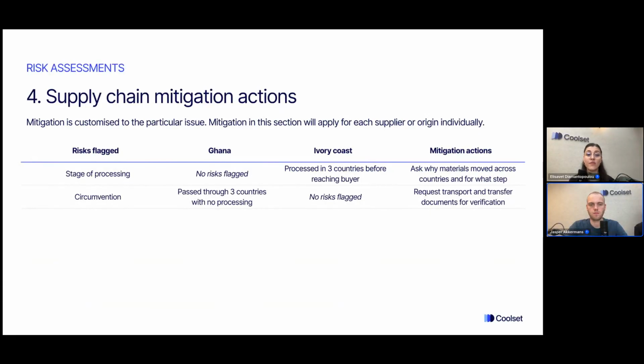And when it comes to circumvention, with the Ghanaian supplier passing the materials through 3 different countries, you can mitigate this risk by requesting all the transport and transfer documents to verify why this happened and if anything is going wrong throughout this process. That should then trigger even further mitigation actions, which should be customized to each case, of course.